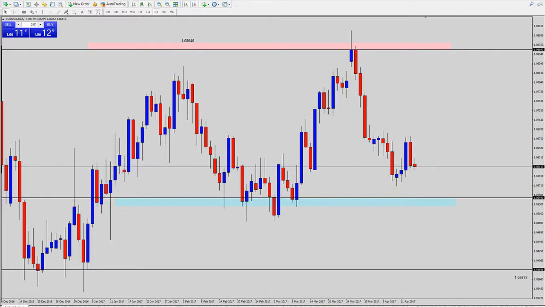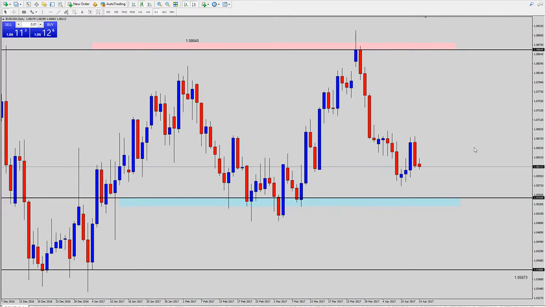First and always, we're going to start with Euro USD on the daily chart. The market is testing right now. It didn't test too strongly to the support level, but I'm still waiting for it. If it goes up to the upside, what I'm really looking for is a push up to these highs right here, or potentially even higher.